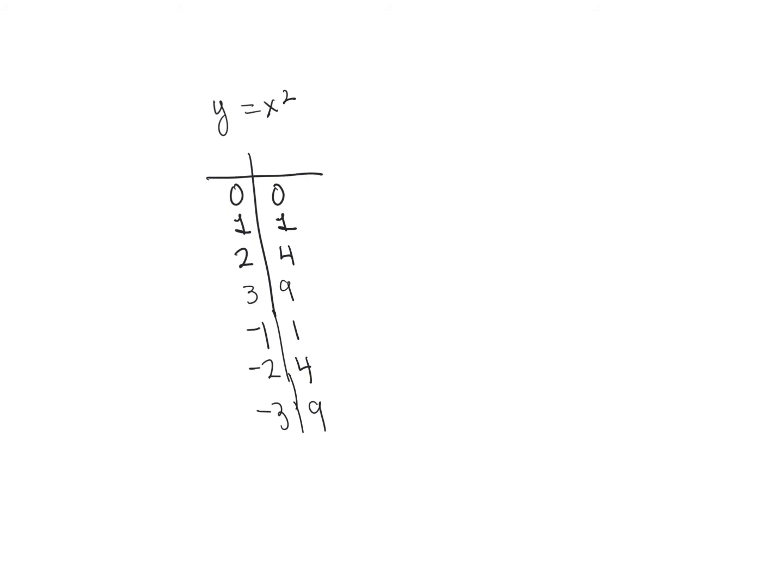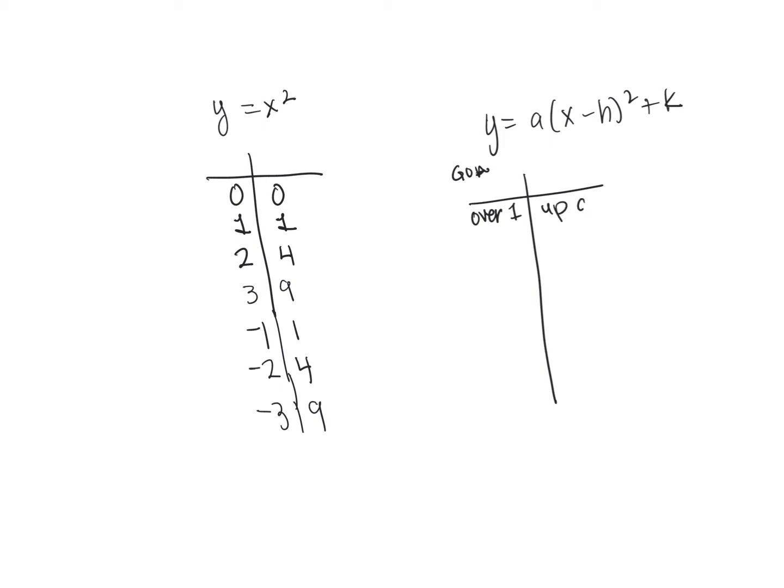So if I am graphing y equals a times x minus h squared plus k, from the vertex go over 1, up a.